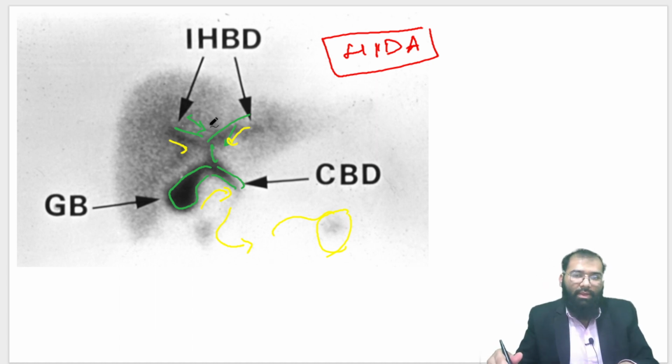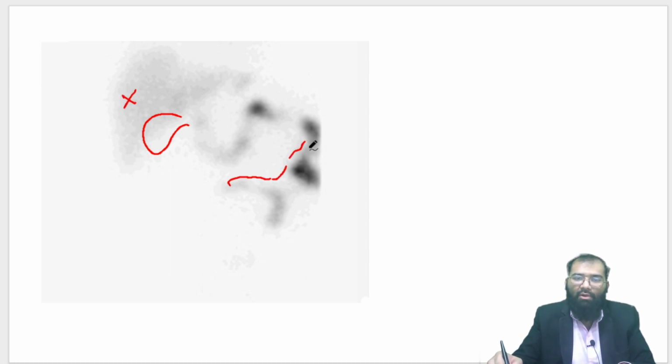So now, very important, I will show you a pathological case. Let us see this image. Even after waiting, if you do not see the GB, GB is not seen, but you are able to see the contrast within the bowel loops.